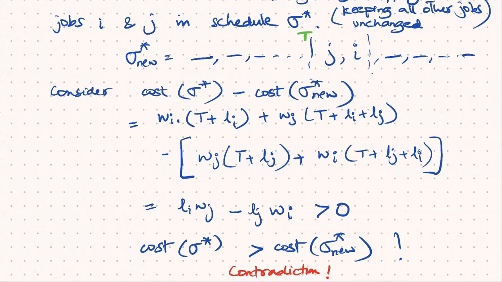Okay, so this is another example where this exchange trick is helping us prove the optimality of the greedy solution.